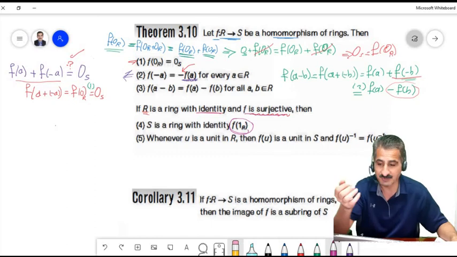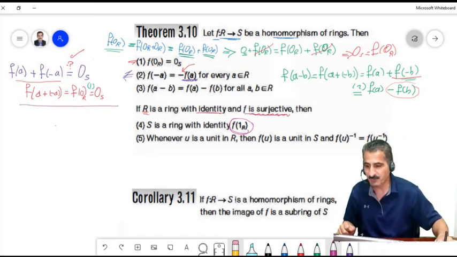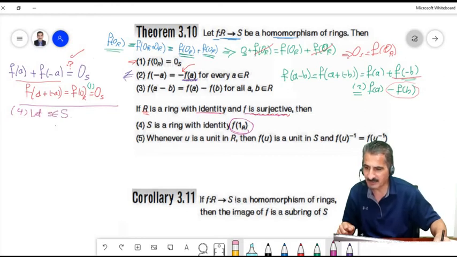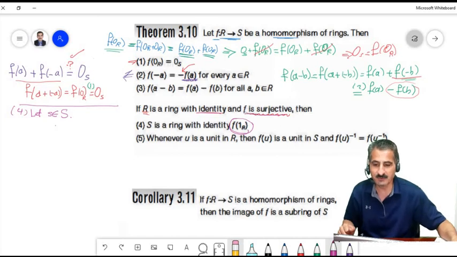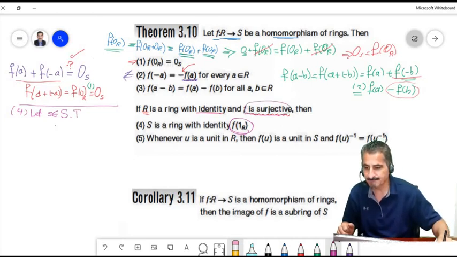It does not change it. So to prove 4, I will say let small s belong to capital S. Now we will use the surjectivity. Then there exists small r inside capital R such that small s equals f of r.